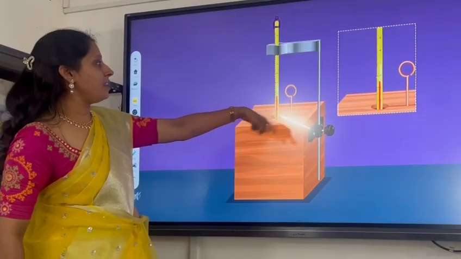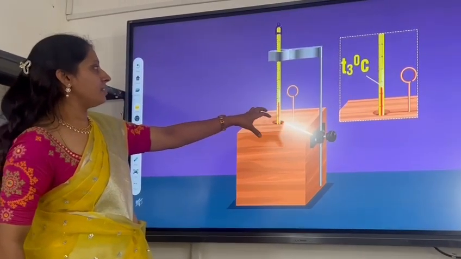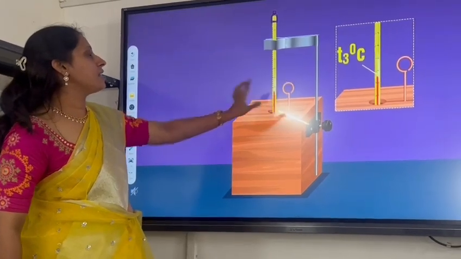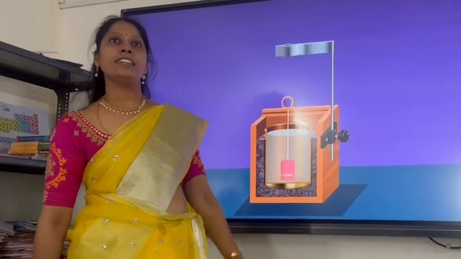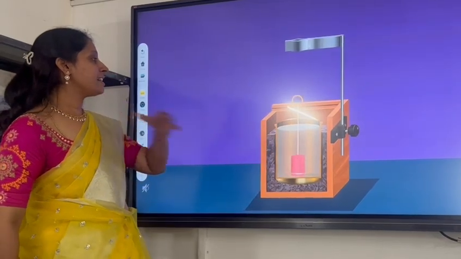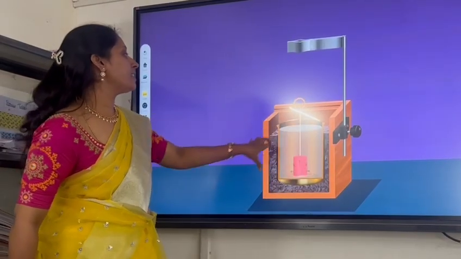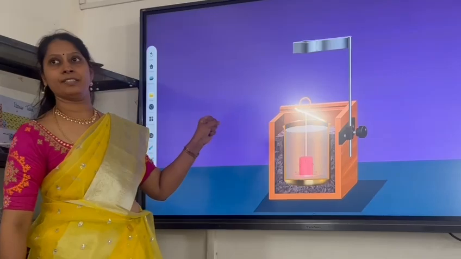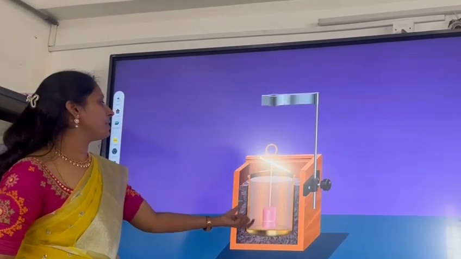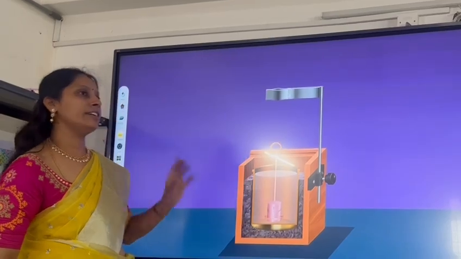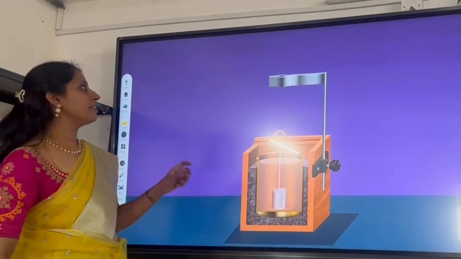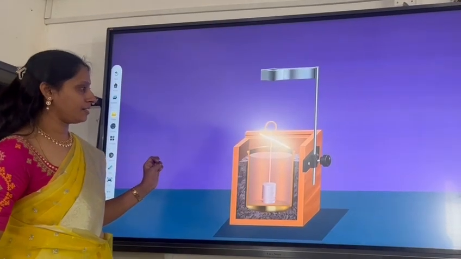Now stir it well, then the mixture will get a stable temperature. Measure the stable temperature, that is T3 degrees centigrade. Why are we stirring? Because we get a uniform temperature, to get equilibrium, so that the stirrer, calorimeter, water and solid all get the same temperature. All of those are in the equilibrium state.